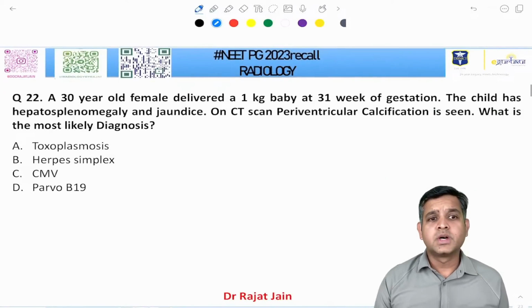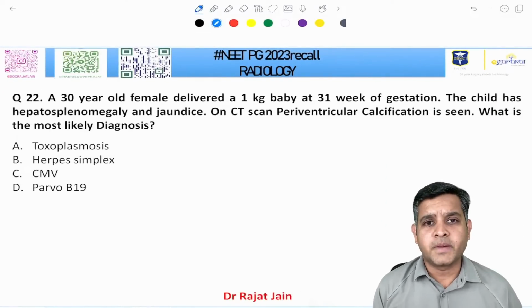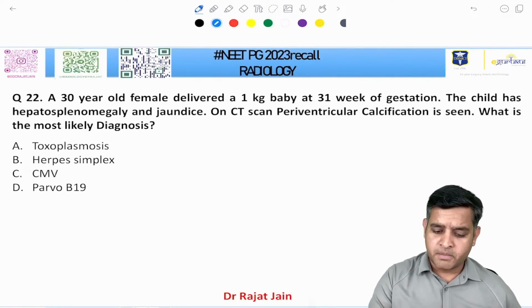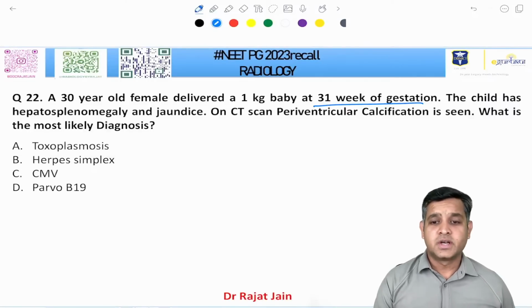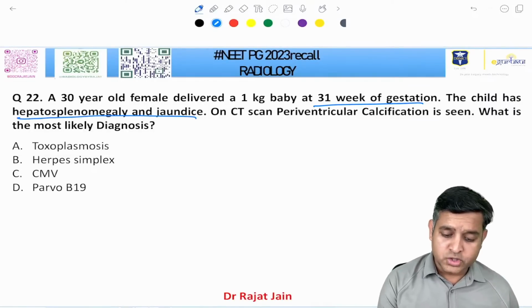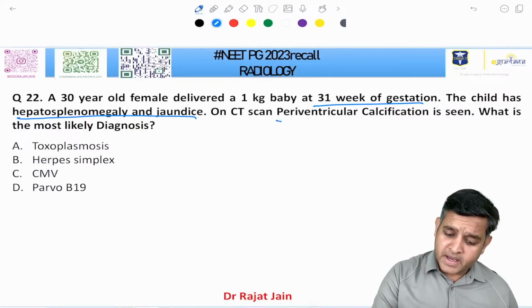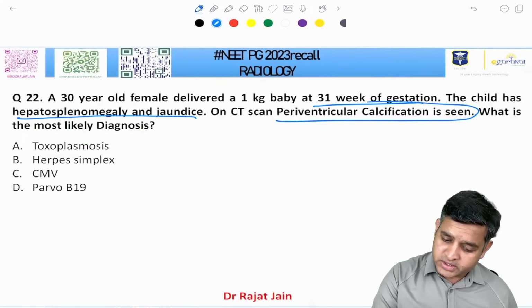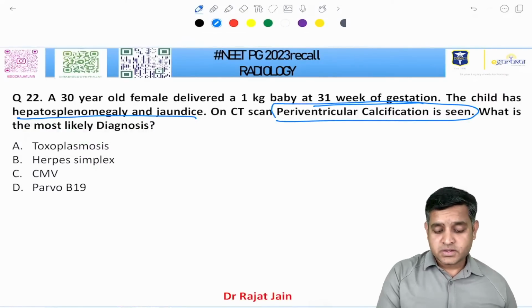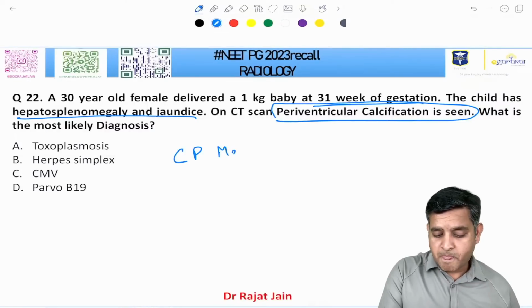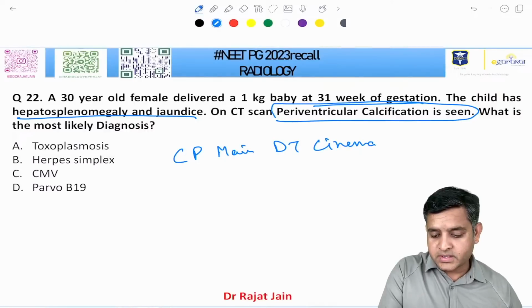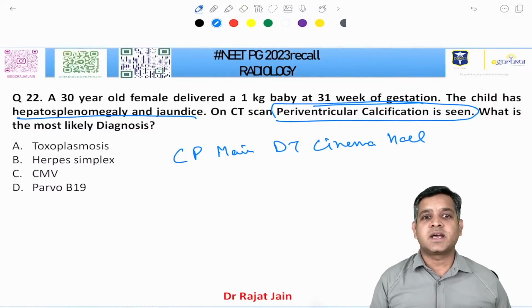Question number 22. A 30-year-old female delivered a 1 kilogram baby at 31 weeks of gestation. The child has hepatosplenomegaly and jaundice. On CT scan, periventricular calcification is seen. In CP, DT is a cinema hall.